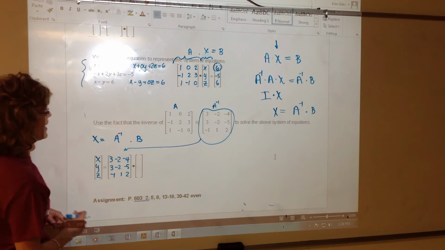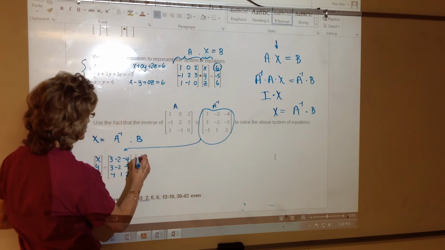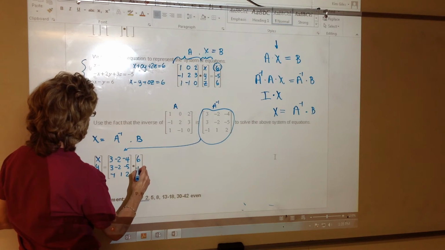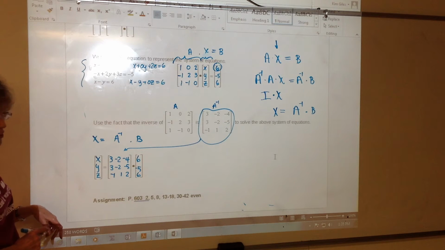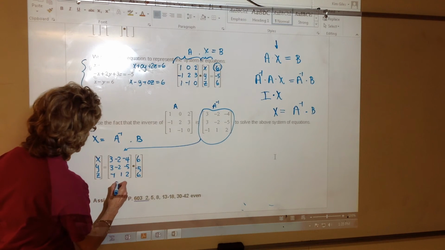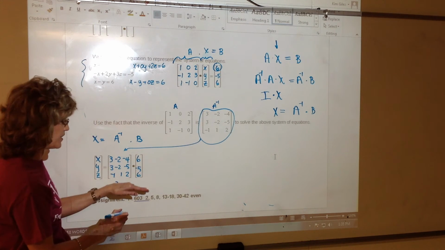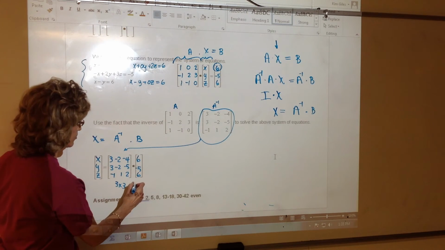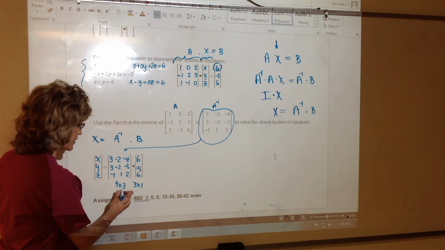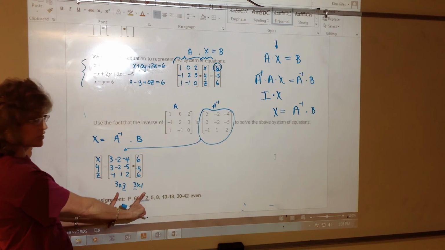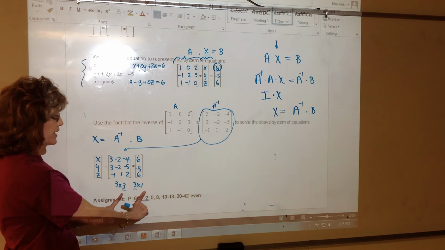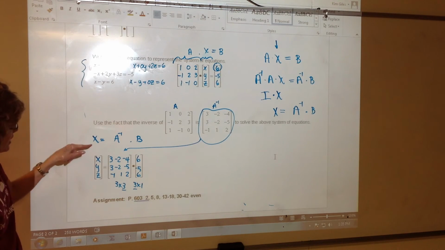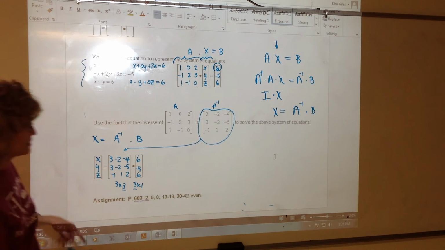And we're going to multiply that times our B matrix, which is our solution matrix, 6, -5, 6. Is it possible to do this multiplication? Well, we've got a 3 by 3, and then a 3 by 1. Yes, we can multiply, and in fact, when we do, the answer is going to be a 3 by 1. And the 3 by 1 answer that we get is going to equal x, y, and z.